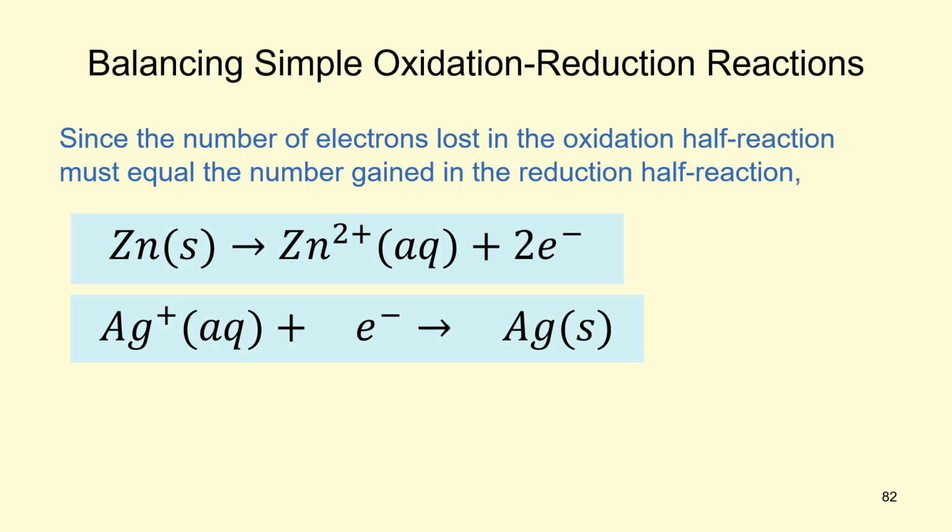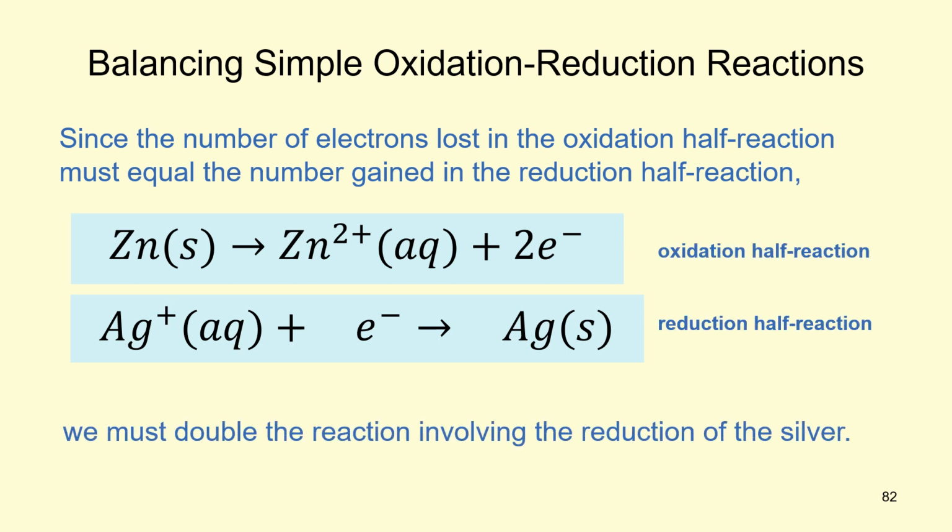So now you can clearly see that they have to have the same number of electrons in order for the reaction to work. So what you can do then is get the electrons to match by multiplying one or the other or both equations.